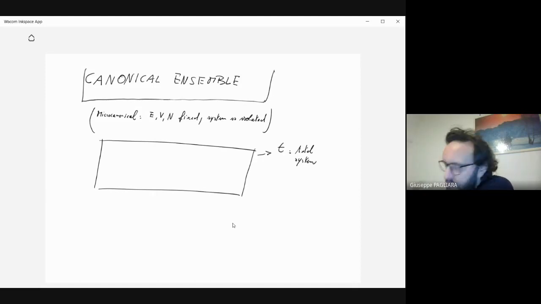And in this system, we basically single out two other systems, a small one that I call S, and another, the complementary R, which is a reservoir. So S is the system in which we are interested.